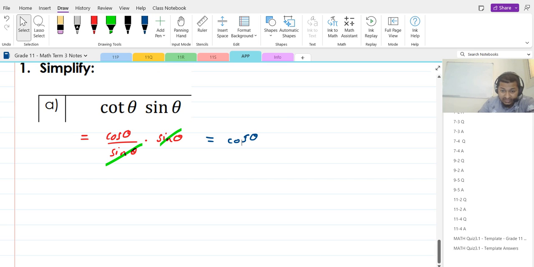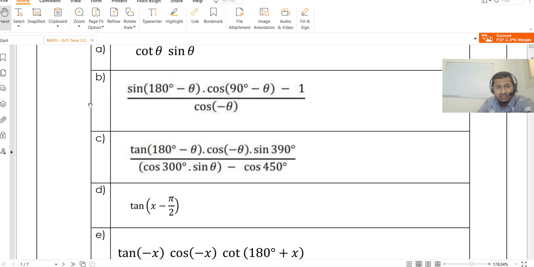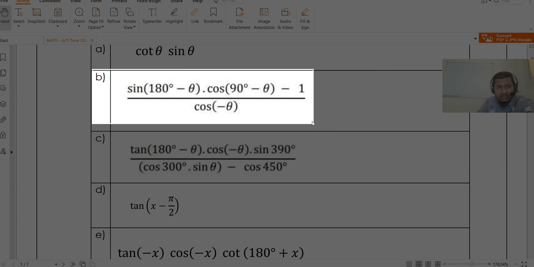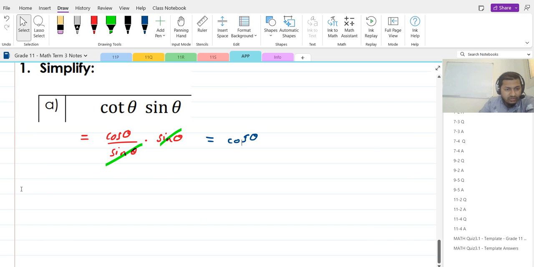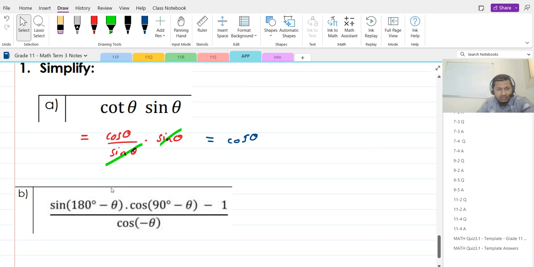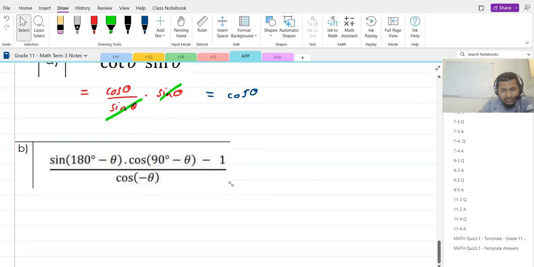Looking at the second problem, a nice problem with division and simplifying trig ratios. We're going to do each one separately and then solve it and put it together. Let me just do it on the side here.